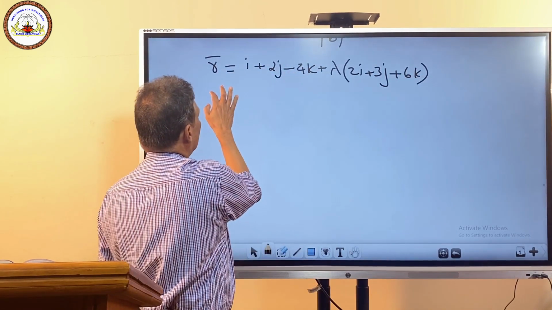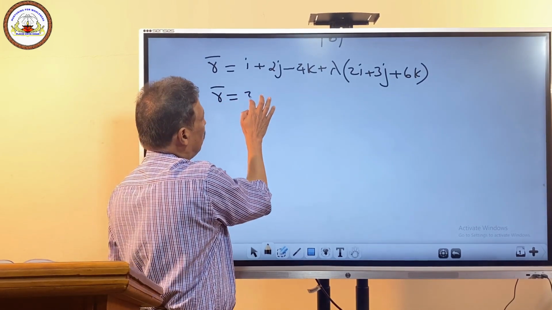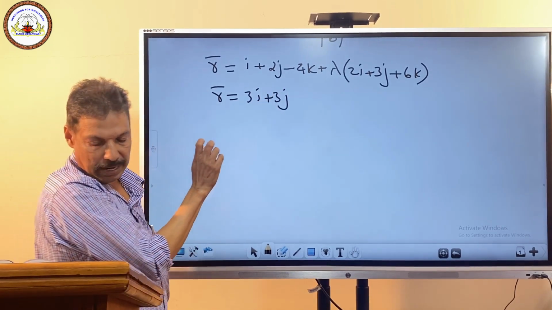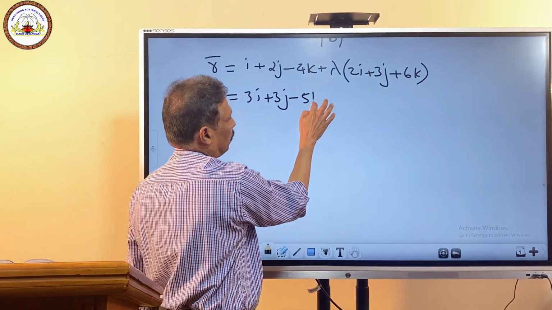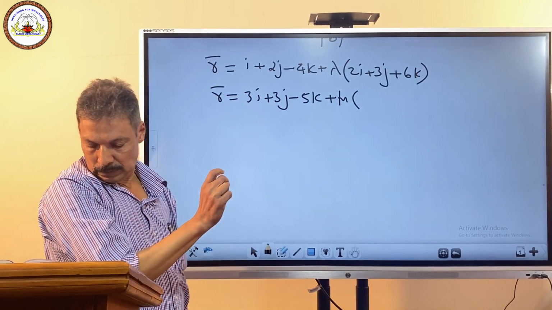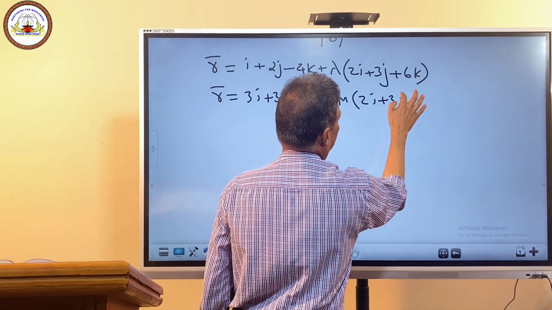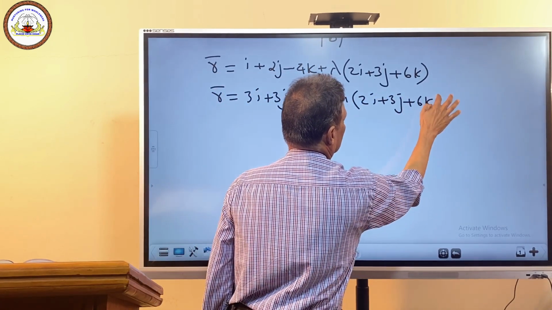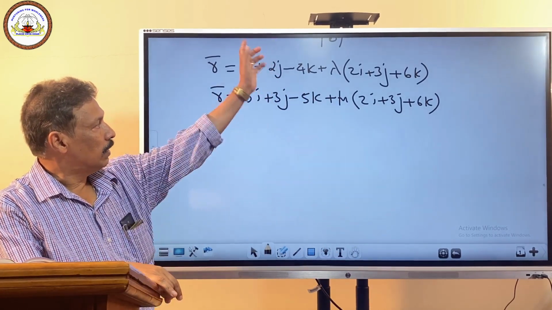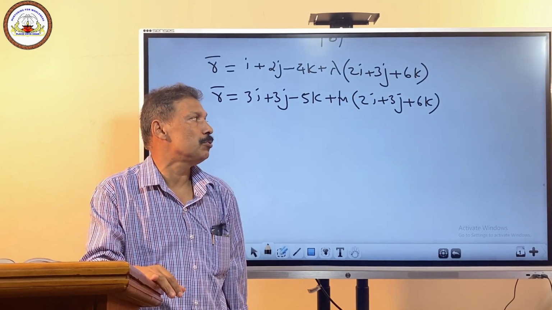The second line, again, r bar equal to 3i plus 3j minus 5k plus mu into 2i plus 3j plus 6k. We have to find the distance between these two lines. The direction ratios of the first line are 2, 3, 6, and the second also 2, 3, 6.